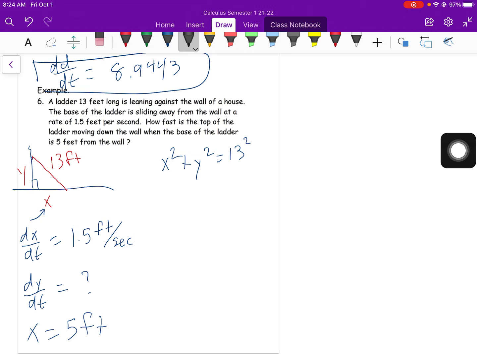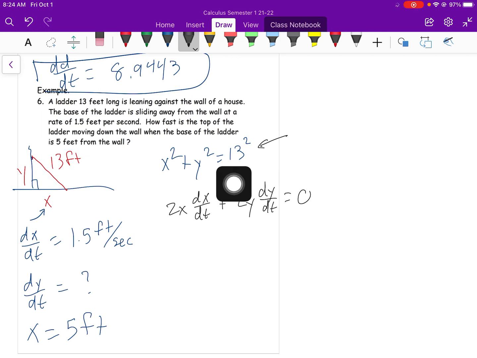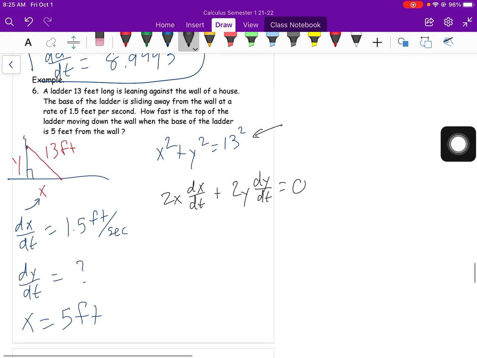So if I go to take the derivative of that function right there, I'm going to have 2x dx/dt plus 2y dy/dt equals 0, because the derivative of that is going to be 0. I don't even care to multiply it out. I don't need to. All right.